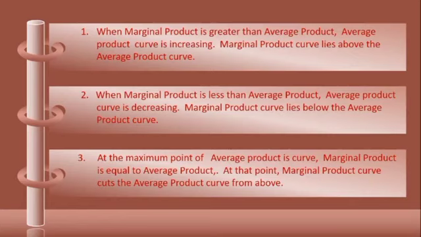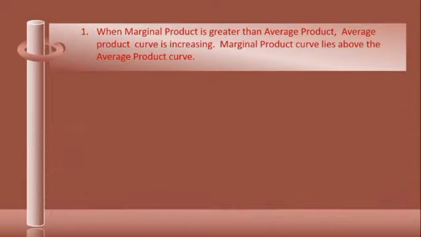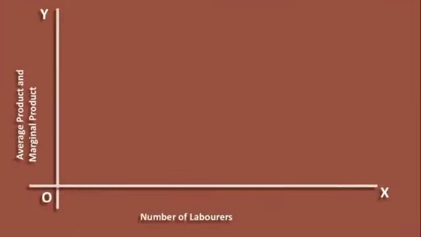And at this point, the marginal product curve cuts the average product curve from above. So let's take them one after the other as we use our graph to represent all of these.